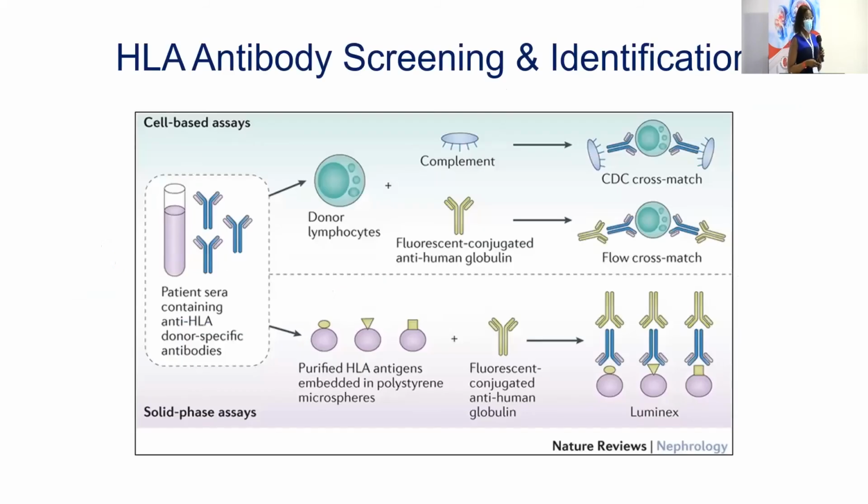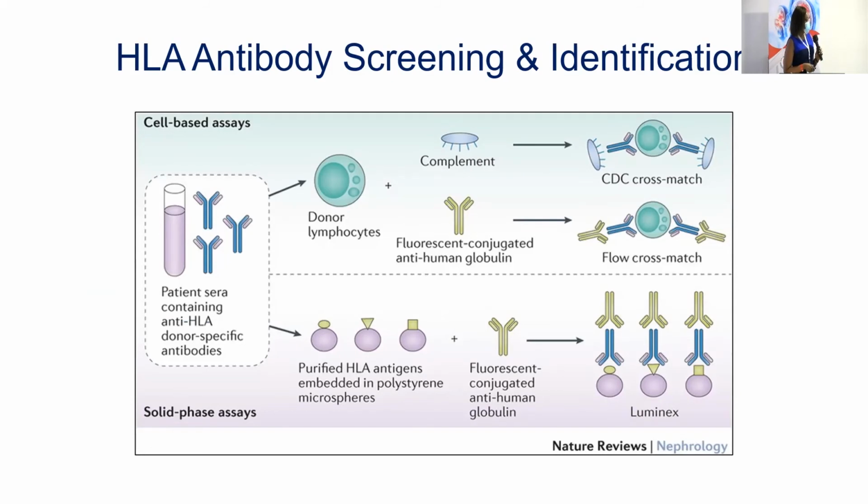Okay, when it comes to antibody screening and identification, there are various assays available. Some are cell-based, meaning we use the donor lymphocytes and test the recipient serum for antibodies against the HLA on the donor lymphocytes. Two panels are usually tested, one on B cells and one on T cells.